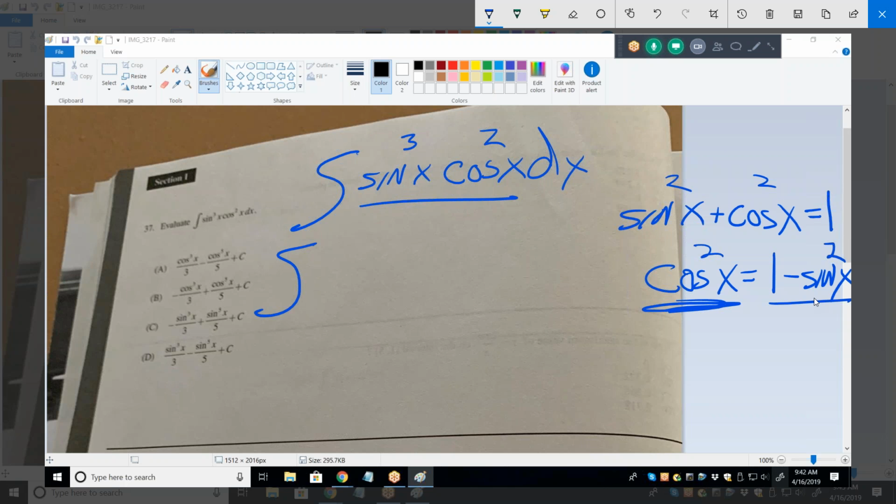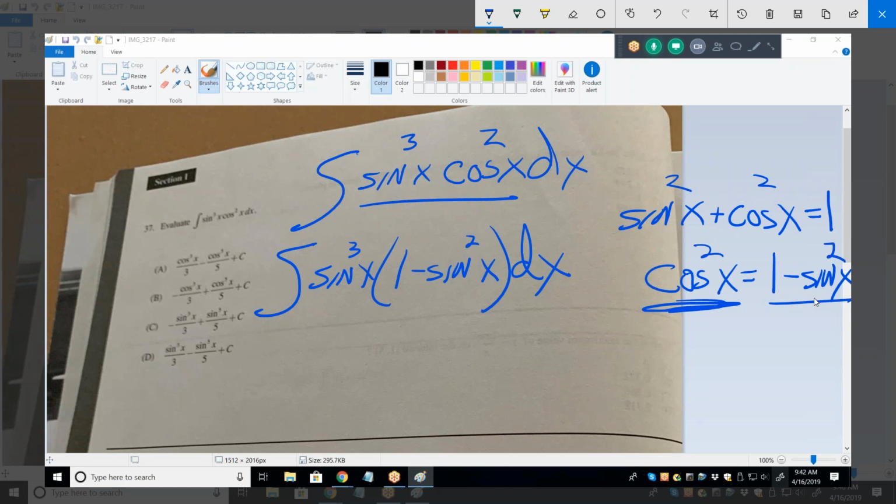So now we have the integral of sine cubed of x times 1 minus sine squared of x. Okay, now what are we going to do? Well, we could factor out a sine squared.